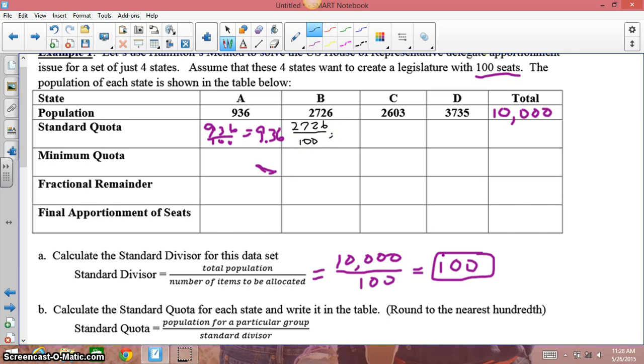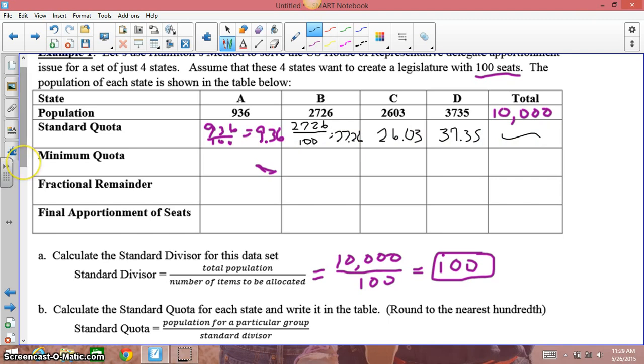Of course, that's going to give me 27.26. All right, the next one, just to save myself some room: 2603 divided by 100, so that's going to give me 26.03. Likewise, 3735 divided by 100, 37.35. That last column, the total, means nothing, so you do nothing there.